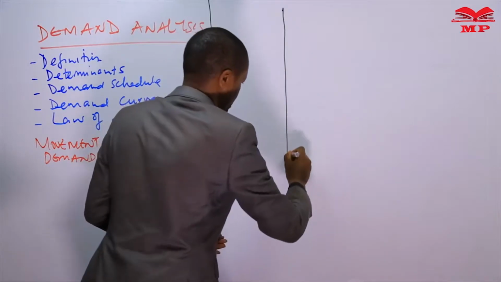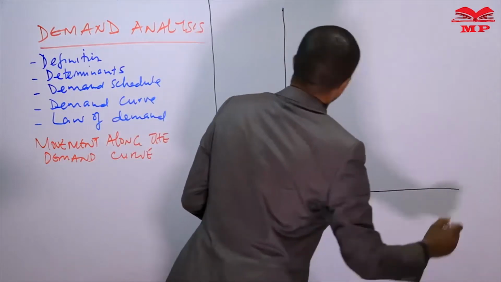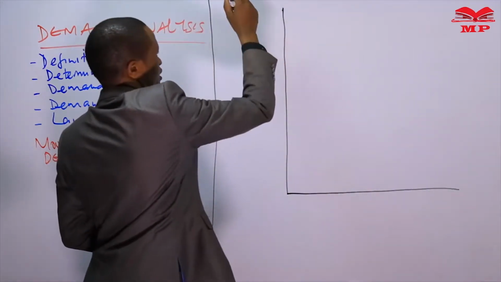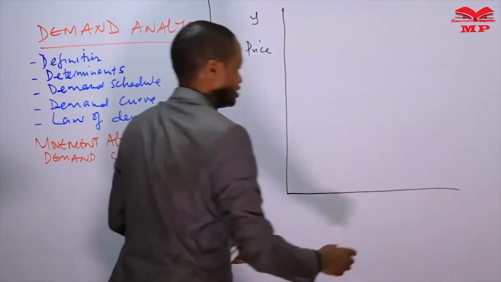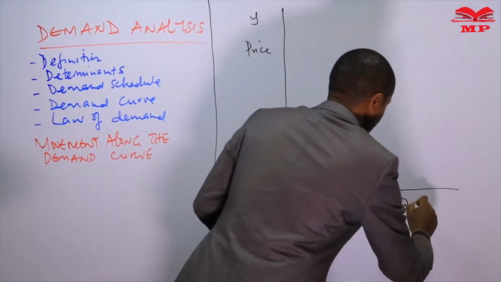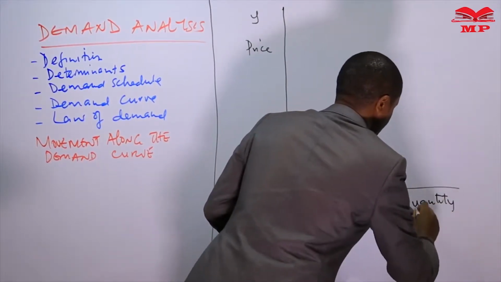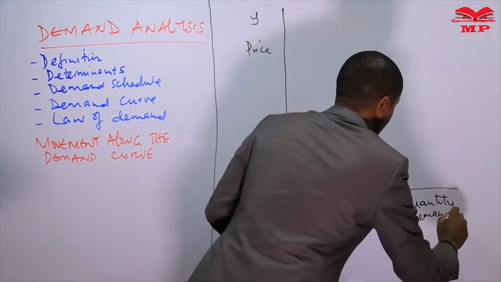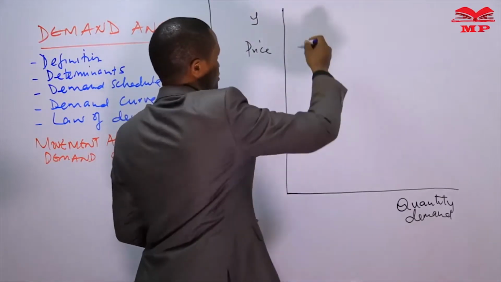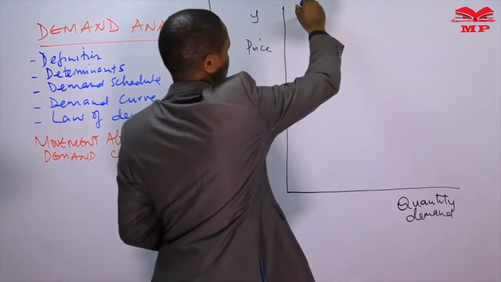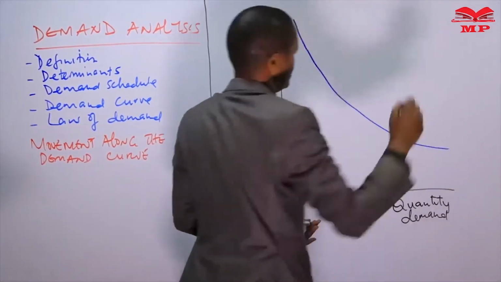In drawing the demand curve, on the y-axis we have the price of commodities, then on the x-axis we have the quantity demanded, and we saw that a demand curve slopes downward from left to right, like that.